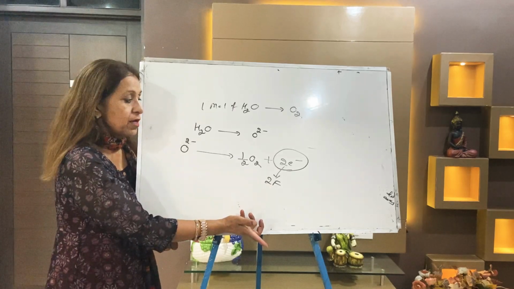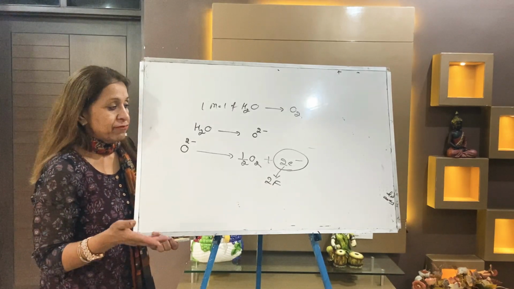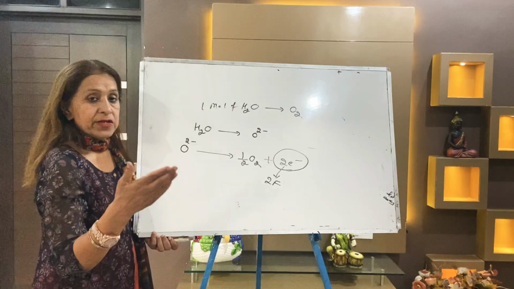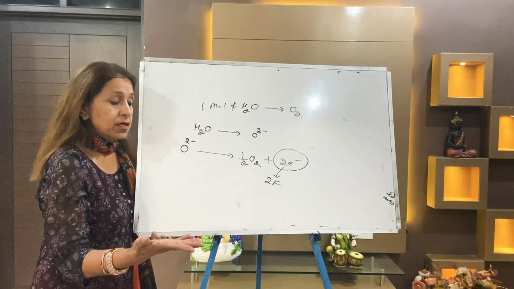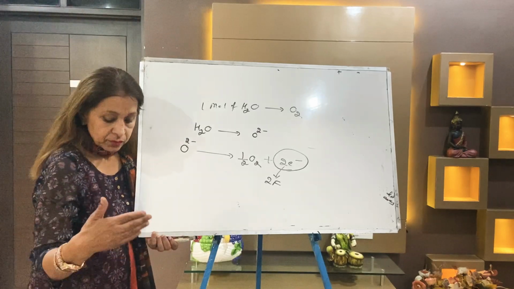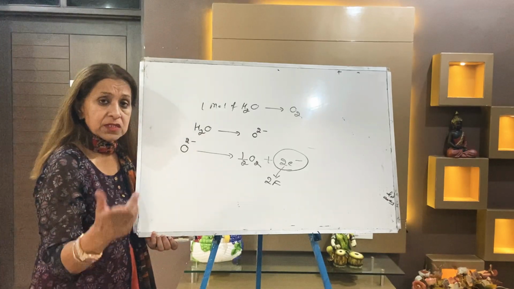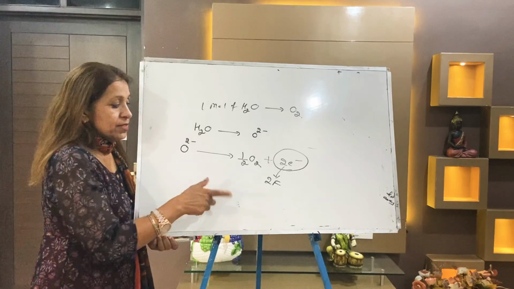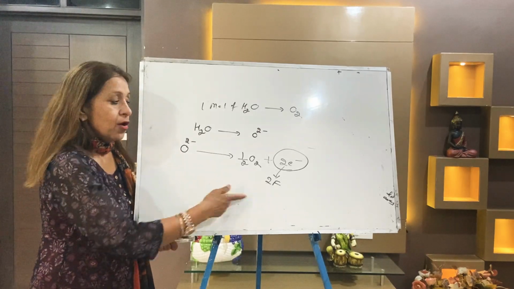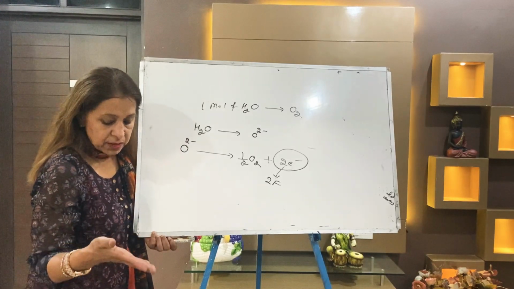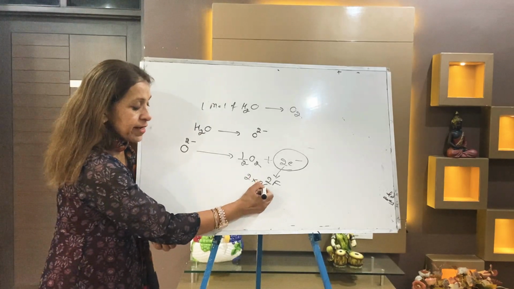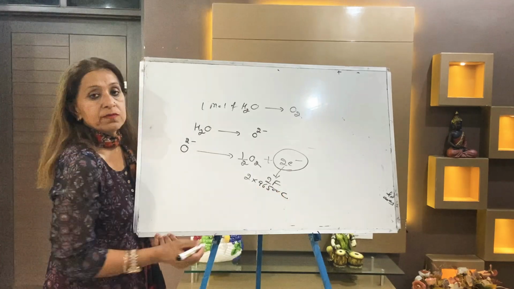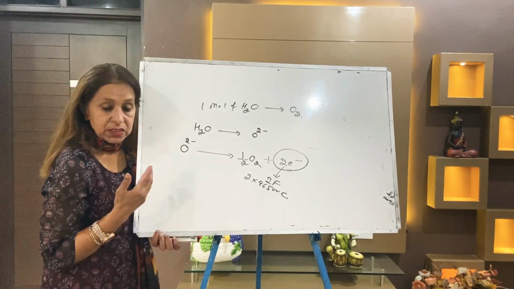Very simple answer. So if the question is to calculate half oxygen, the answer is 2 Faraday. If it is 1 mole of oxygen, your answer is 4 Faraday. Or if they are asking in coulombs, you write 2 into 96500 coulombs.